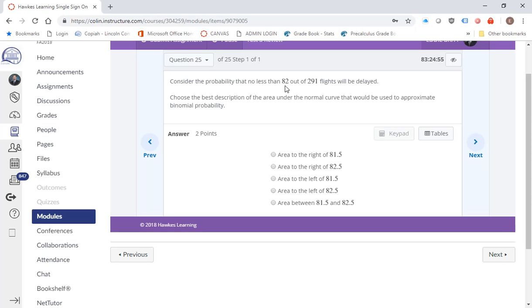Okay? 81.5. So we would want to use 81.5 or bigger if it's no less than 82. So it will be the area to the right of 81.5.